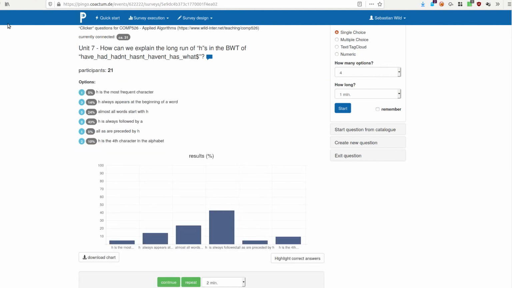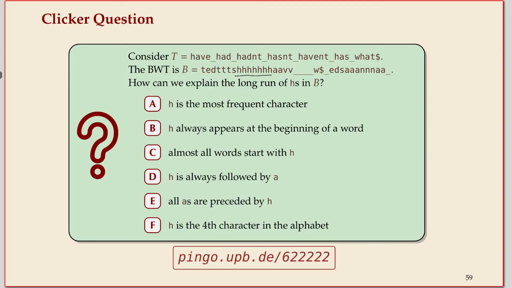All right, so there seems to be a majority for option D, which is H is always followed by an A, which is not wrong, but I would say slightly more correct is this option, that all A's are preceded by an H. Now this is, I mean, okay, this is not far off, and many of you ticked this, and I said this is a tougher question than most of the Pingo questions.